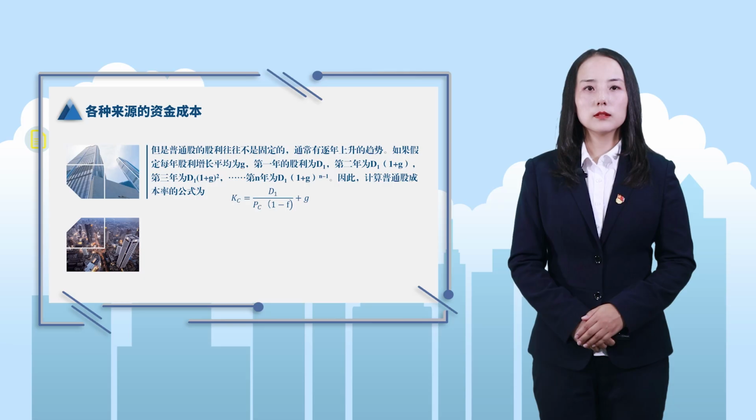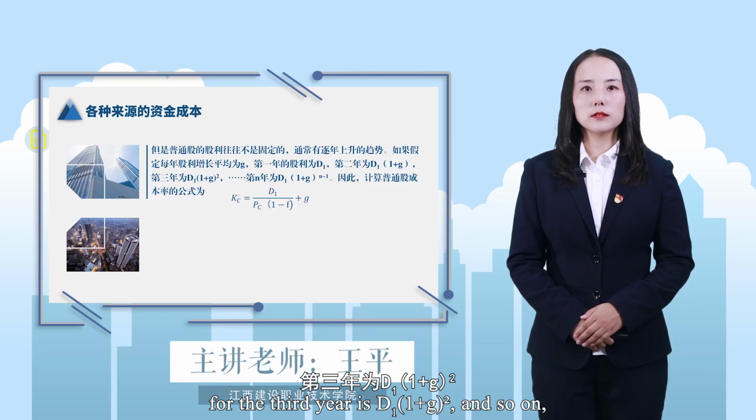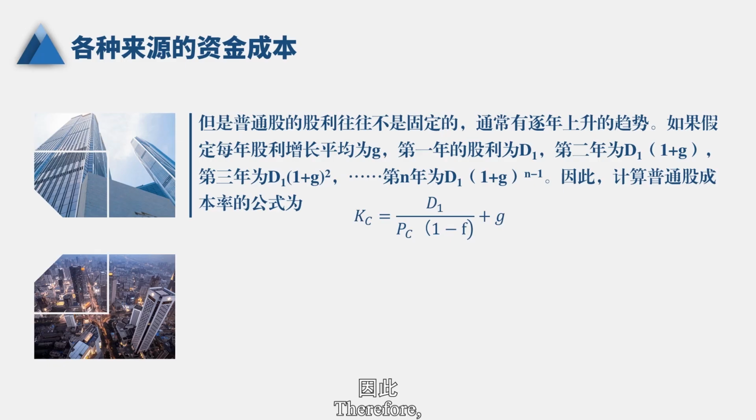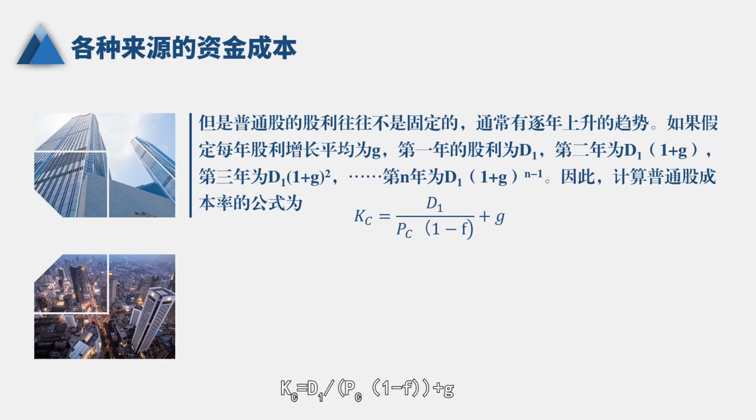For the third year is D_1 multiplied by (1 plus G) raised to the power of 2, until the nth year is D_1 multiplied by (1 plus G) raised to the power of n minus 1. Therefore, the formula for calculating the cost rate of common stock is K_C equals D_1 over P_C multiplied by (1 minus f) plus G.